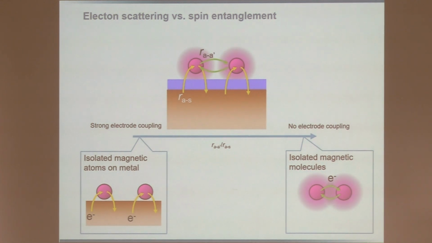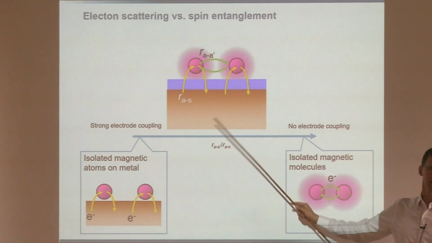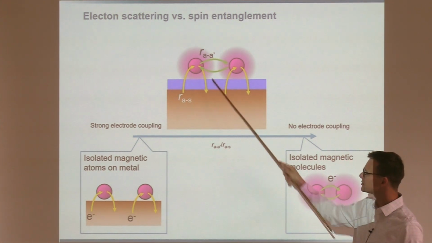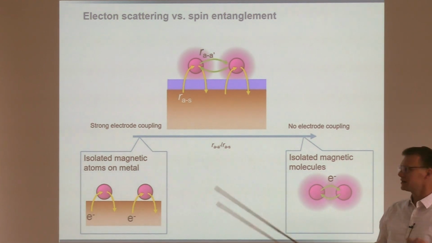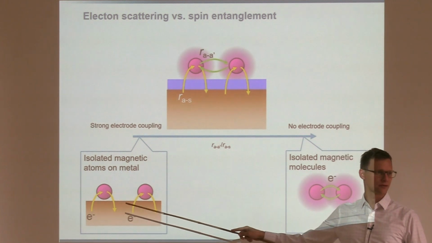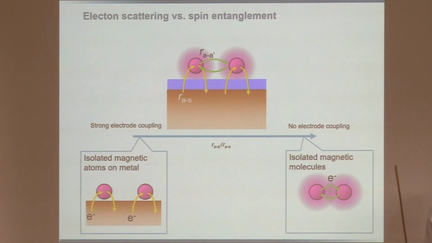Now, if I go to the other extreme and say I couple each individual atom very strongly to the substrate of my surface, then that is the dominant interaction to think about. Predominantly, I will have individual magnetic atoms that are screened by the conduction electrons of the metal, and the interaction between the atoms will be the secondary effect.